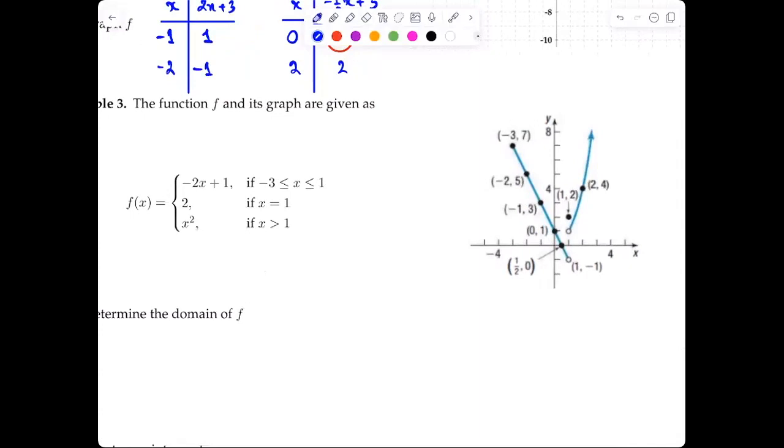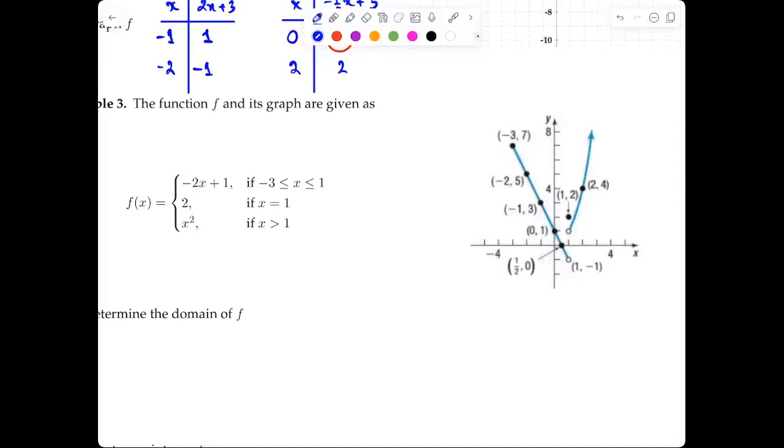But there are 3 parts to the function. The first part is when x is greater than or equal to -3 and less than or equal to 1. Because of the equal sign you see in the inequality, you have a closed circle.